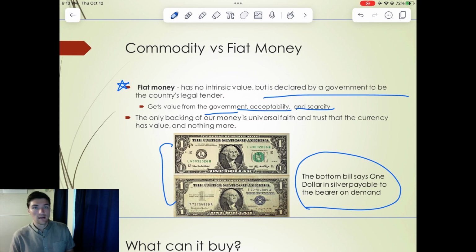I can't do anything else with this $5 other than buy goods and services with it. I can use cattle, or use gold to make a necklace. But with dollars, the only thing I can do is spend them. So that's the difference between commodity money and fiat money.